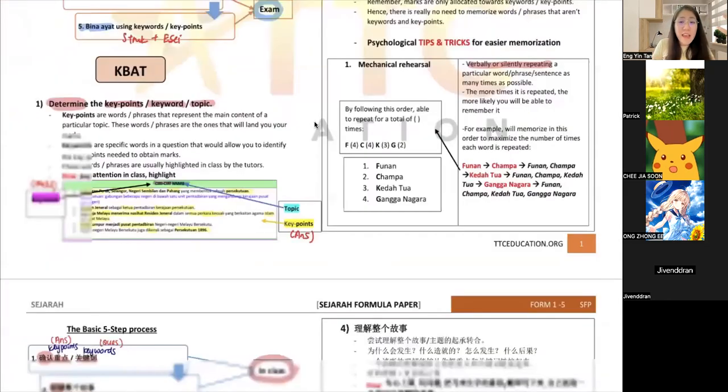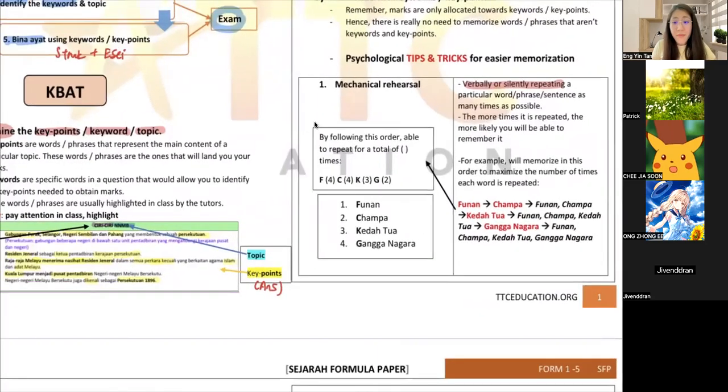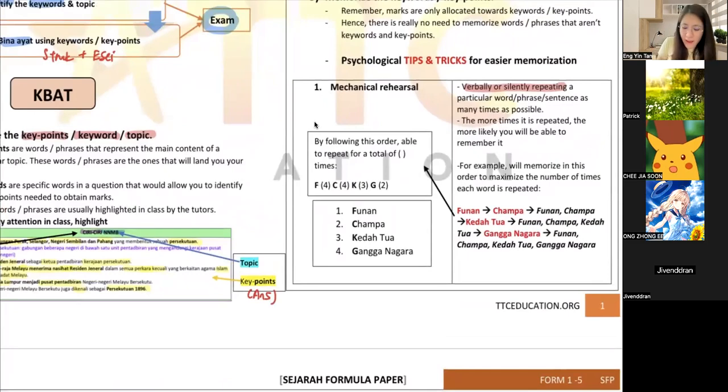So the verbal technique will be the one that I prefer. That's why I always encourage my Form 1, Form 2 students to do it verbally, which means you read it out again and again. But of course, for Form 4, Form 5, you guys don't do that, it's a bit childish.